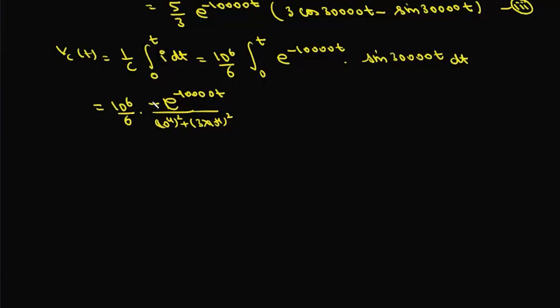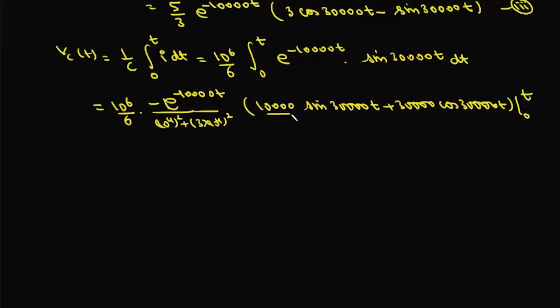We'll have this minus sign, and it will be 10,000 sine 30,000 t plus 30,000 cos 30,000 t from 0 to t.